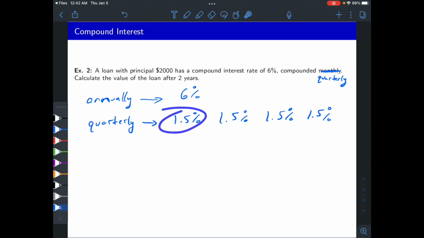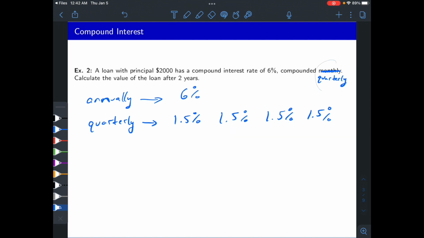Once you make the 1.5% interest, and then in the second quarter you make more interest, you're making interest on the interest that you made in the first quarter. And then in the third quarter, you'll be making interest on the interest that you made in the first 2 quarters, and so on. So you'll make ever so slightly more if you're compounding quarterly.